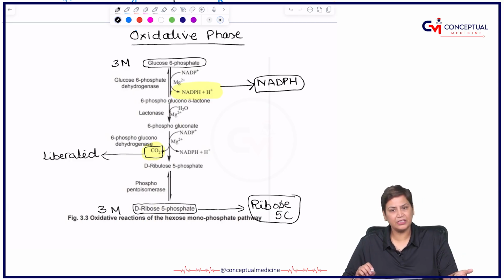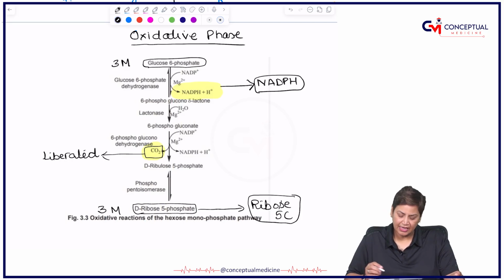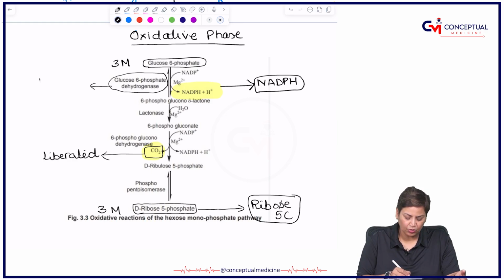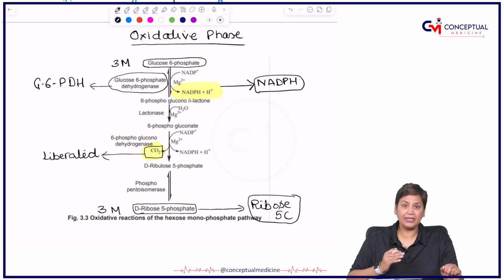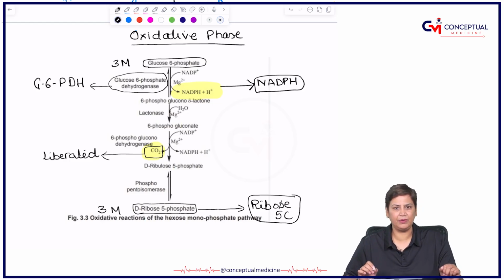So NADPH will be produced, and our main focus is on this particular enzyme, which we will be discussing in detail also. The name of this enzyme is glucose 6-phosphate dehydrogenase. Okay. So I can simply summarize the oxidative phase as, since it is a multicyclic process, 3 molecules of glucose 6-phosphate via oxidative phase will give 3 molecules of ribose 5-phosphate, liberating CO2 and generating NADPH.